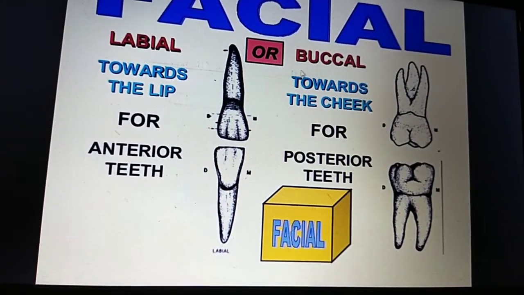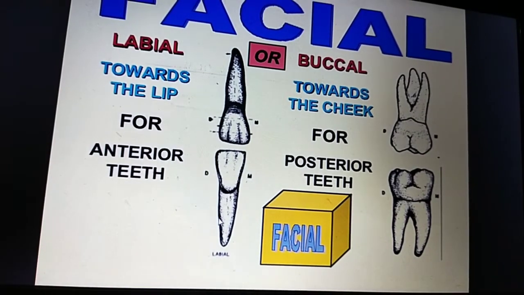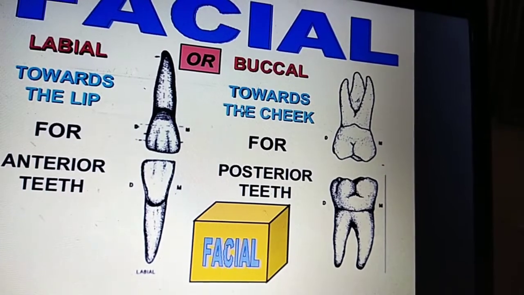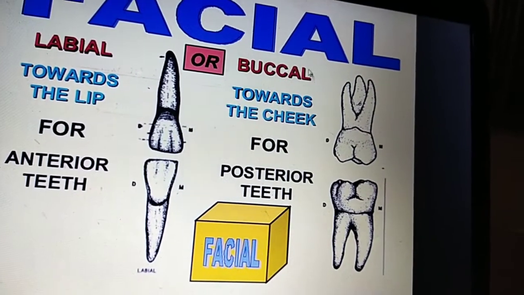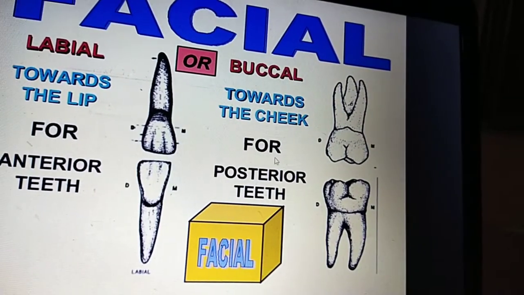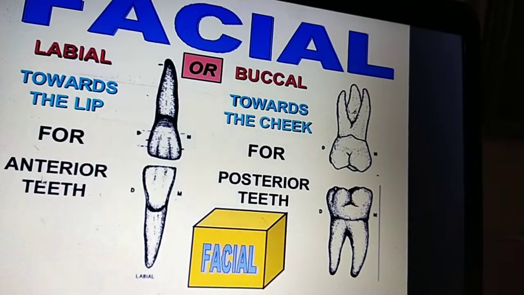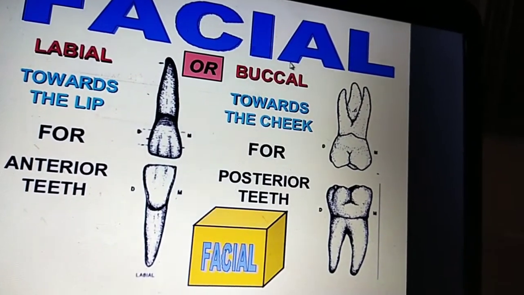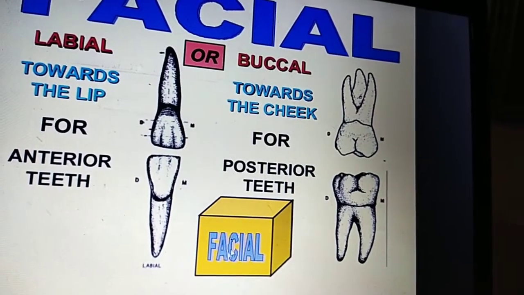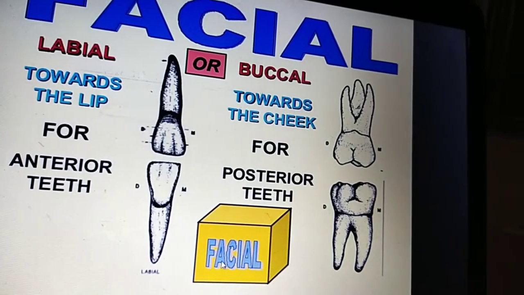Buccal means towards the cheek, for the posterior teeth. This is the outermost surface of the teeth.